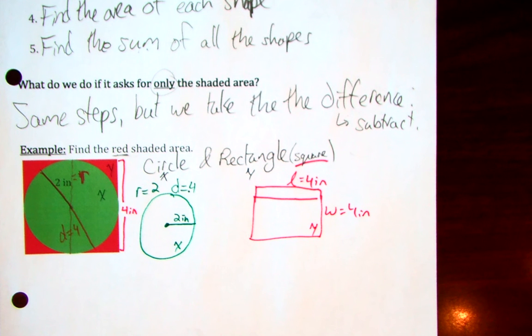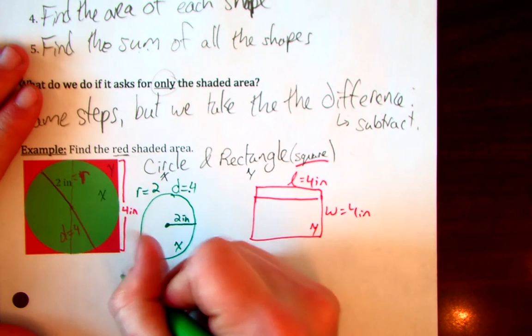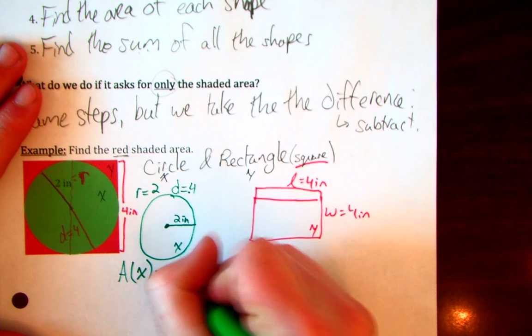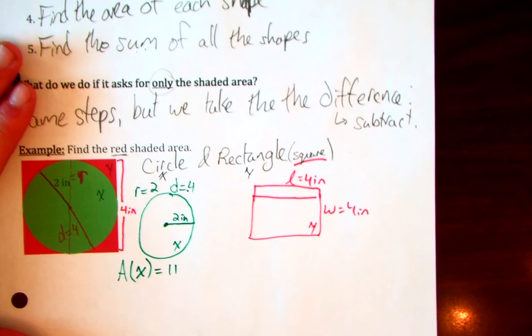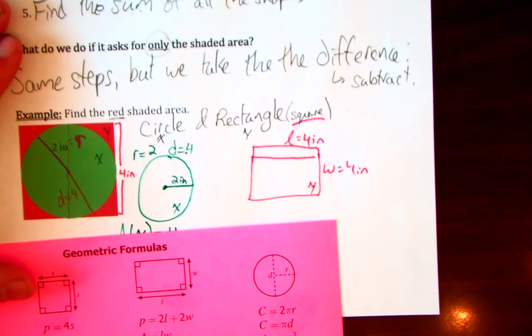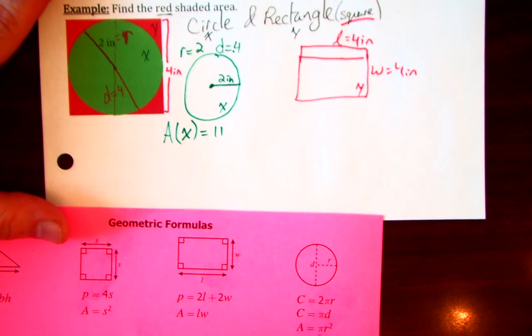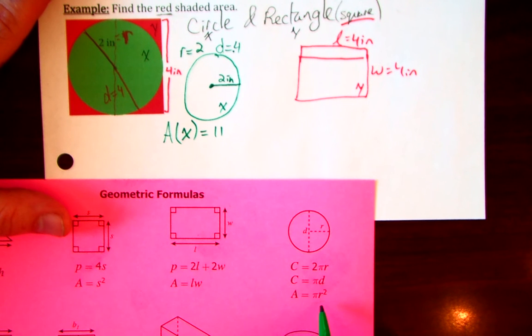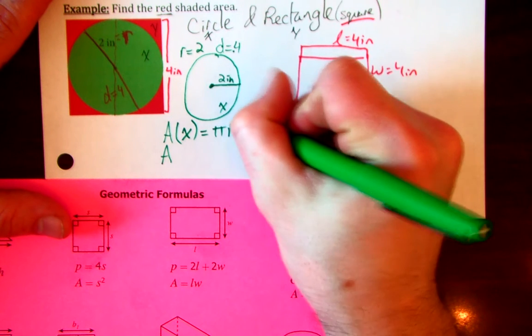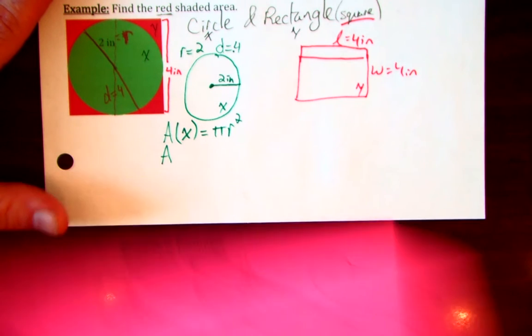So let's find the area of our circle, labeled X, and so I'm going to say A as the area of X, our circle. Again, using that wonderful formula sheet that you have in front of you, I know that the area of our circle is pi times r squared. So I'm going to have pi times r to the second power, and we just plug in those values that we know.